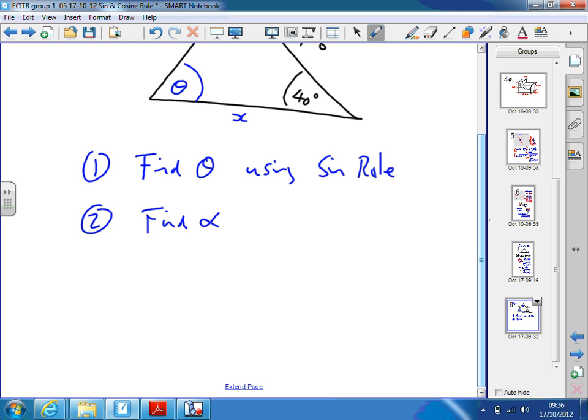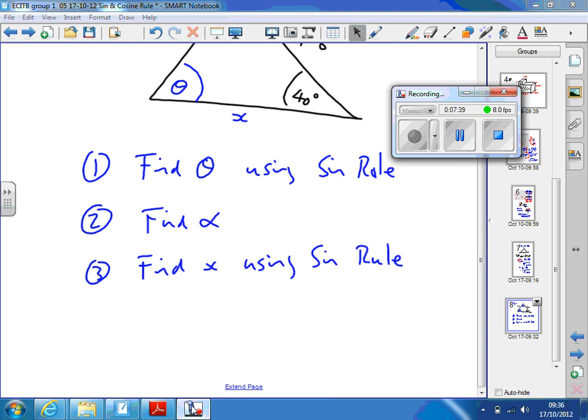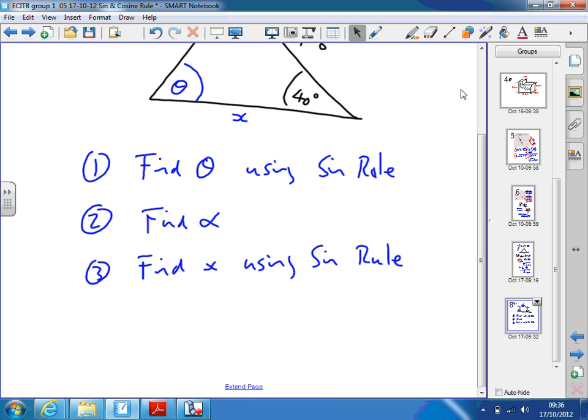And then three, once we've got alpha, we can find x using the sine rule. So again, it's a good idea to think about the problem and what you're going to do, and then in some cases even maybe write it down. Step one, find theta using the sine rule.